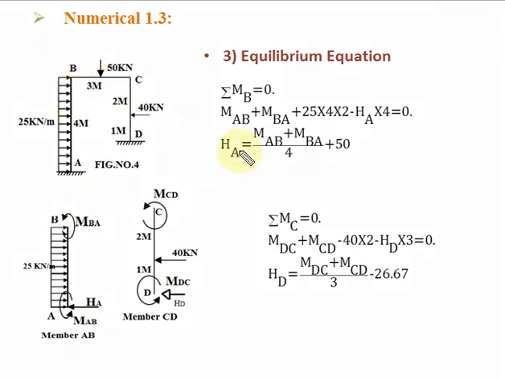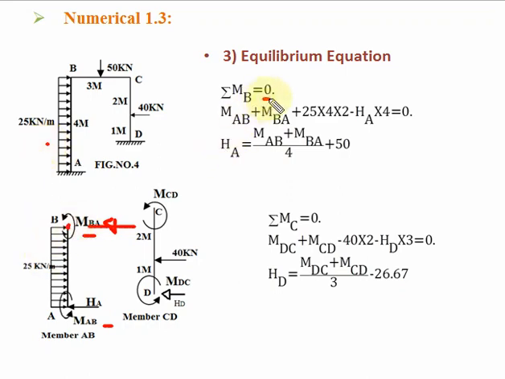For column AB there are end moments. Let's take the end moments as anticlockwise at both ends, MAB and MBA, and horizontal reactions at the ends. Let's consider them toward the left-hand side, HA and HB. So this is the FBD of column AB. Now take moment about B.